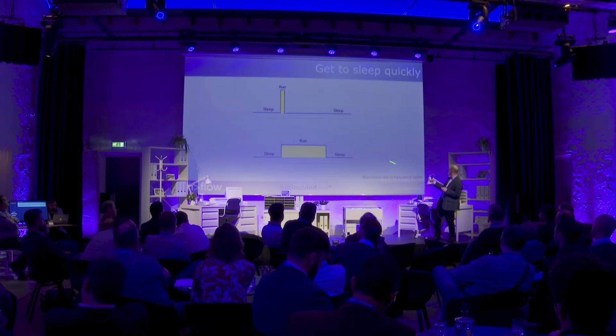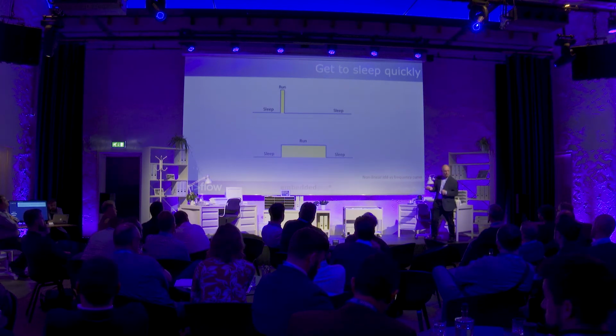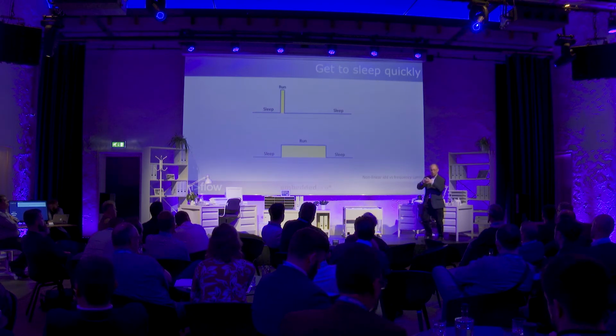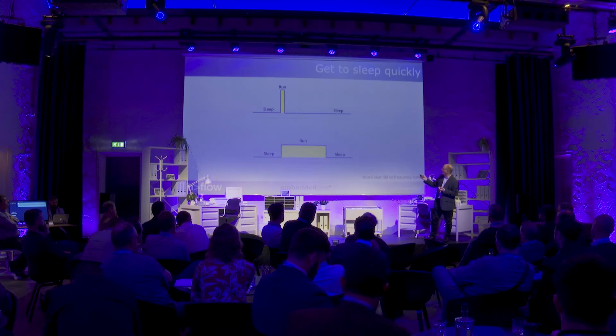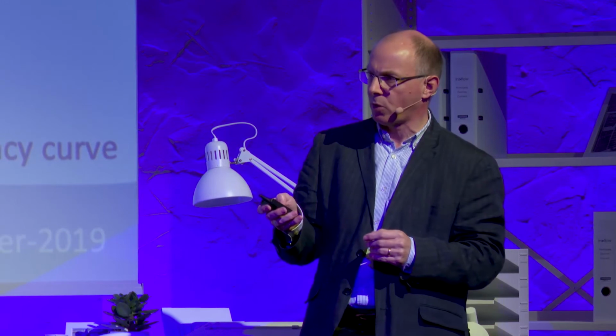And that's a factor of the non-linear current versus frequency curve for the chip. The chip's going to require a certain amount of current just to run, and then the dynamic current connected to the clock means that running faster, that area is always going to be lower than that area there. So that's a good tip. Run fast, get your work done, back to sleep as quick as possible.